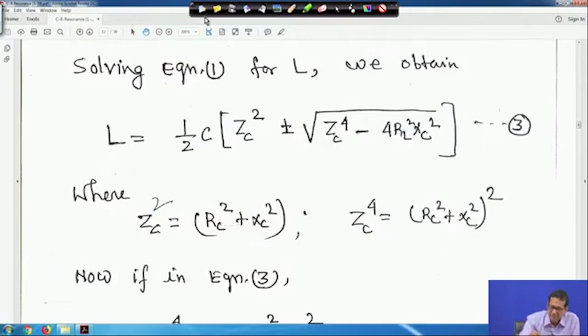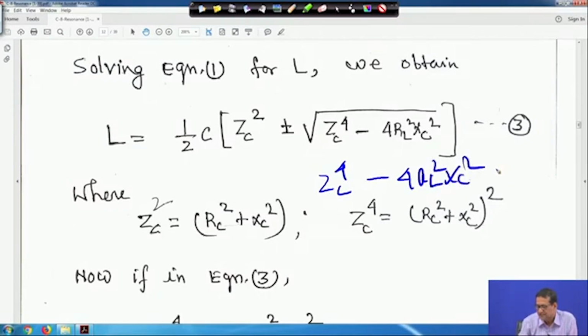So in this case, from equation 3, for resonance ZC to the power 4 minus 4 RL square XC square has to be greater than 0, because it is under a square root, so it has to be positive. In that case you will get two values of L for which resonance will happen.